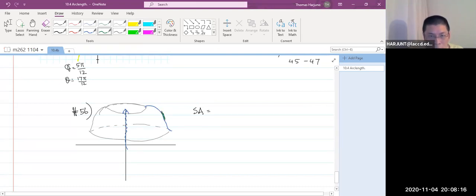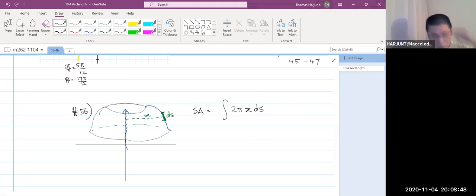We take a tangent segment, we call that ds, and we rotate with this radius x. That's the radius. So the integral will be the integral of 2 pi x ds. Is it right? And then theta will be from alpha to beta, in this case, A to B.